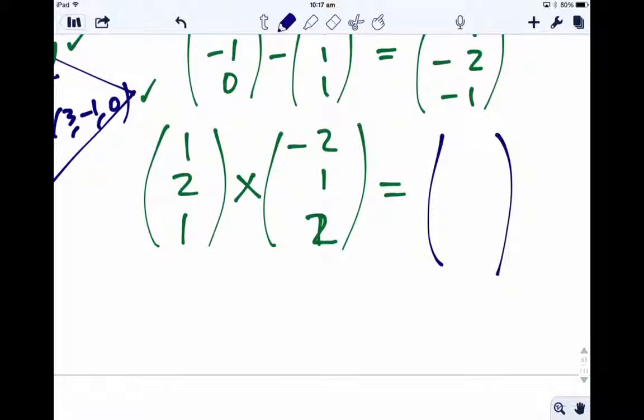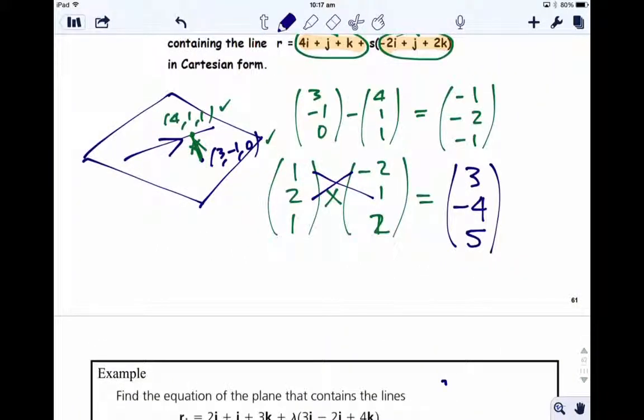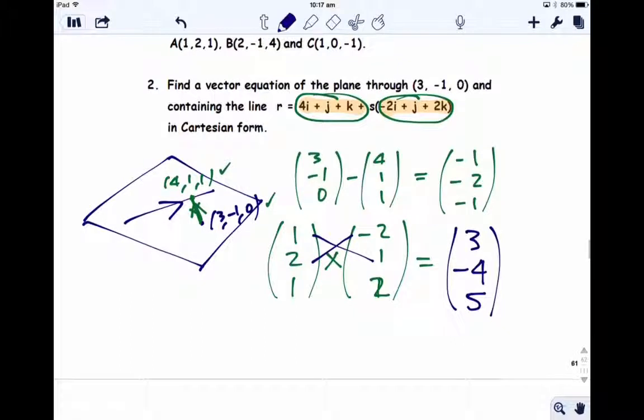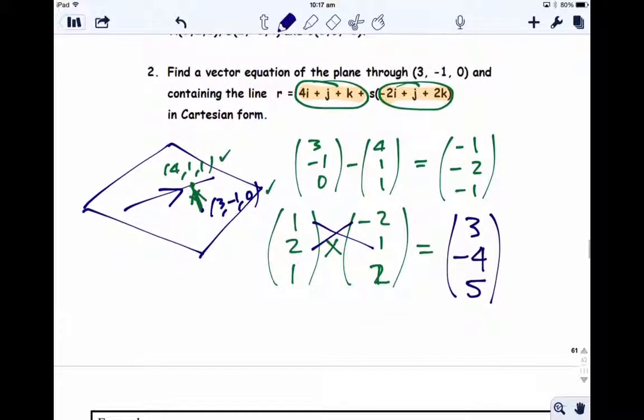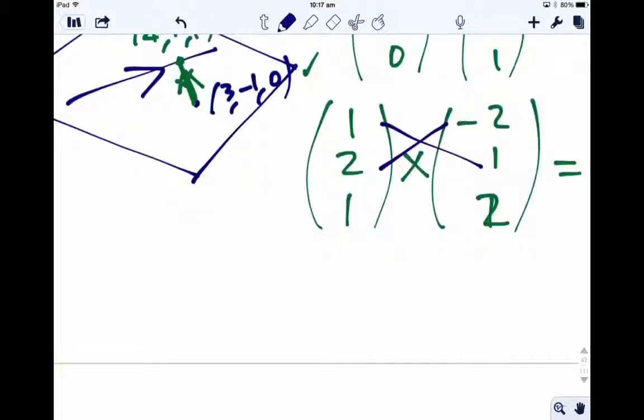Top number, 4 minus 1, 3. Middle number, negative 2, take off 2, negative 4. Bottom number, 1, take off negative 4, is 5. There's the vector cross product. Awesome. 3, negative 4, 5. So, what's the vector equation of the plane through that point and containing that line? Alright.